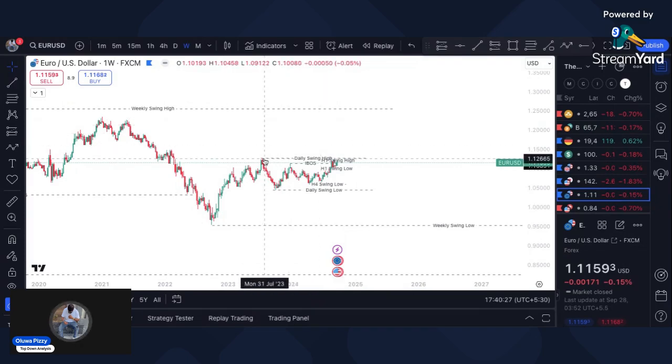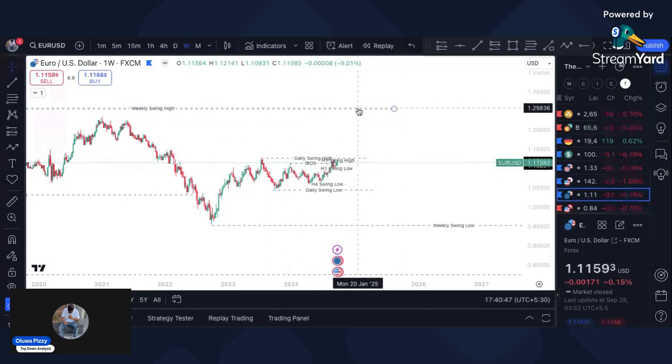Once the daily high is taken out, that means we are coming for this weekly high. In the long run, it's not going to happen today; it may happen one week or a month from now. But once this high has been taken out, definitely we are coming for this swing weekly high.